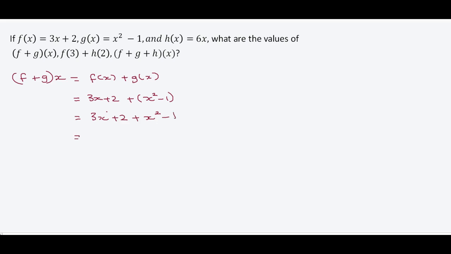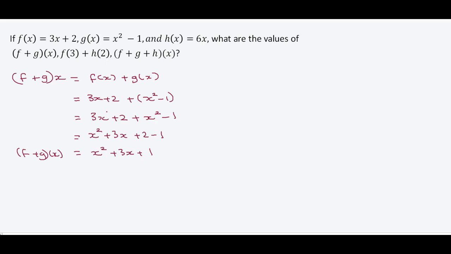Let's group common terms together. We have x squared plus 3x plus 2 minus 1, which is x squared plus 3x plus 1. So this means that f plus g of x is equal to x squared plus 3x plus 1.